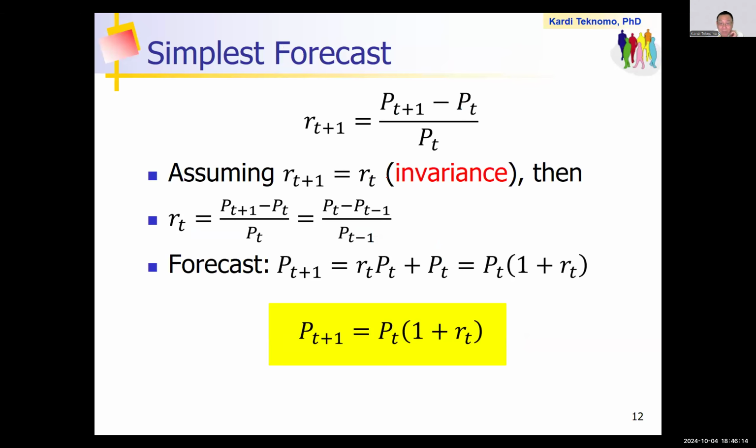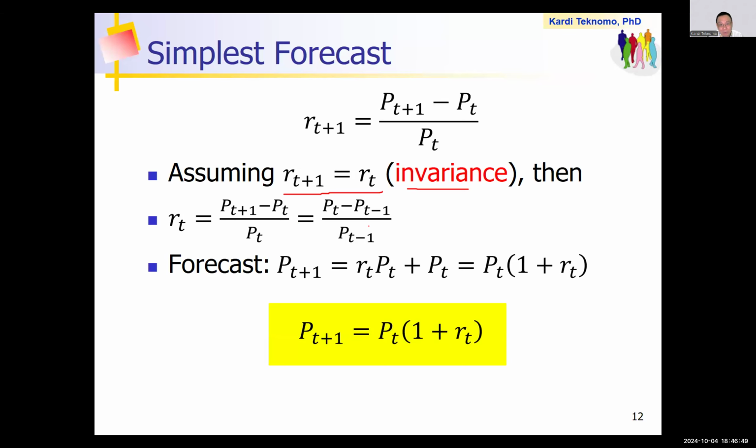Now this is the assumption. In growth factor, the assumption is the growth did not change. So this is the invariance. When the growth did not change, then PT plus 1 minus PT divided by PT is the same as, tomorrow compared to today is the same as today compared to yesterday.